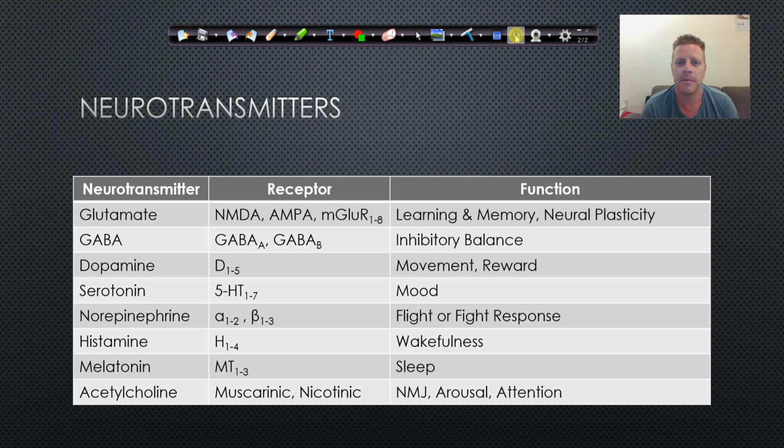So here is a little slide that summarizes both glutamate and GABA, as well as several other major neurotransmitters, and describes some of their functions in the brain. For instance, we can see here that glutamate is involved in learning and memory and neural plasticity.